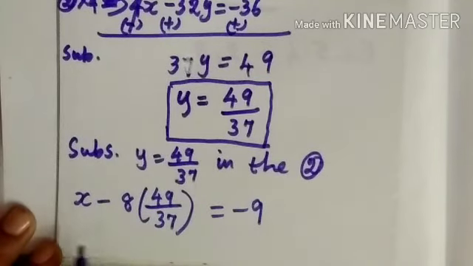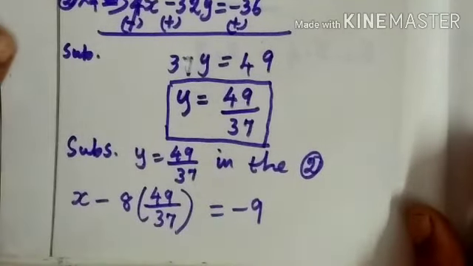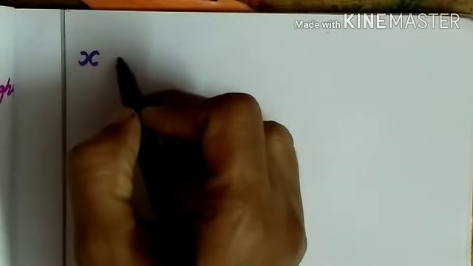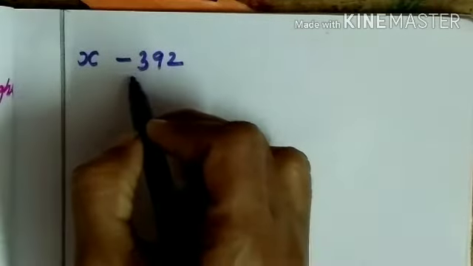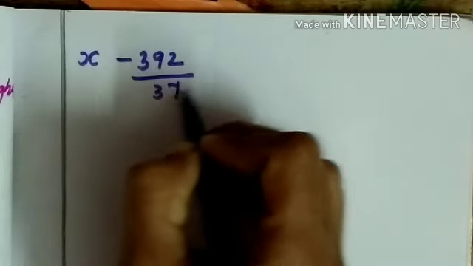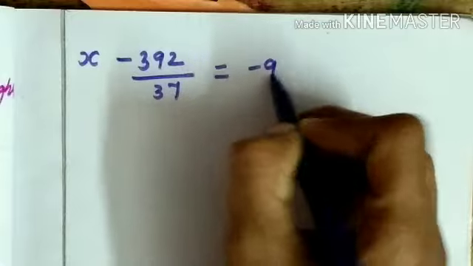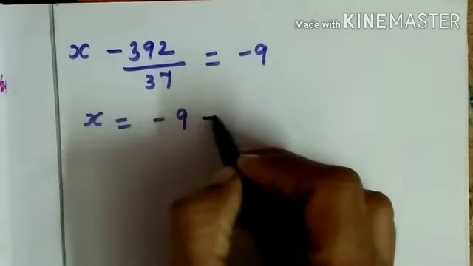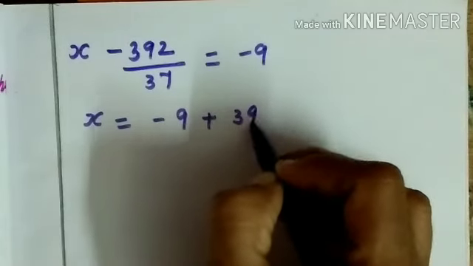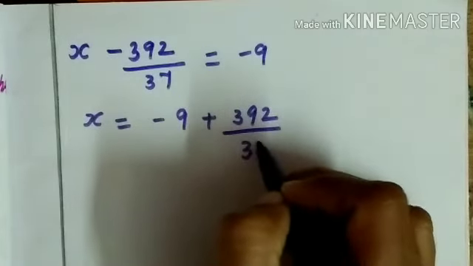Now you have to simplify this, means we get x minus 392 by 37 is equal to minus 9. So x is equal to minus 9 plus 392 by 37.